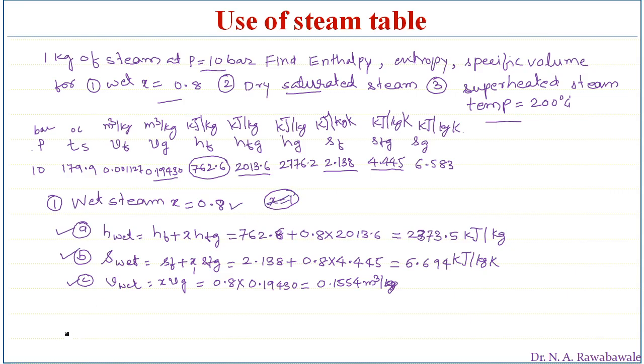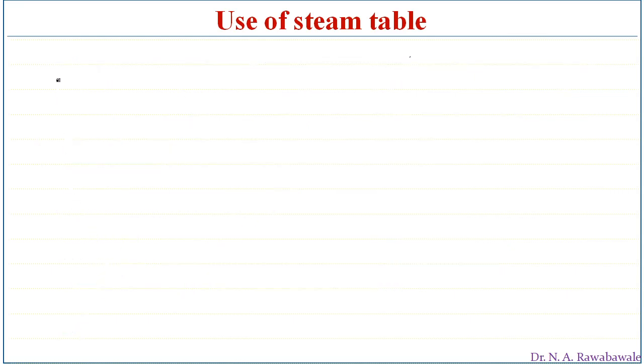So now once again, for dry saturated steam, we have to find out, number one, enthalpy H. For dry saturated steam, we call this Hg. So this is nothing but Hf plus Hfg. Directly these values are known to us, or else we can directly copy the value of Hg.